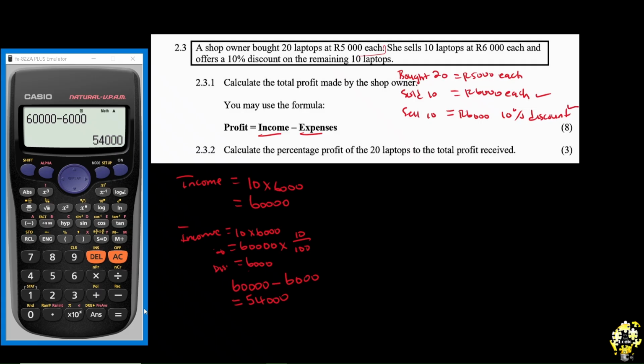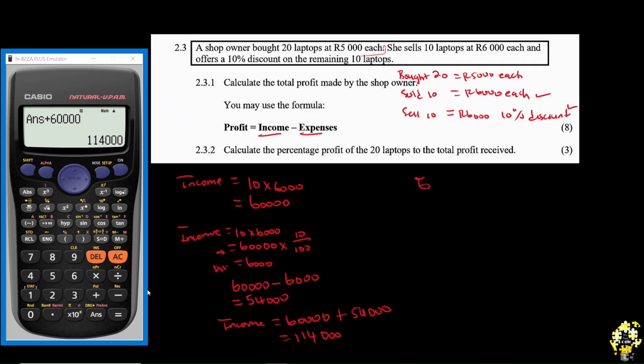So we can confidently say that our income is the 60,000 we received for selling them at full price plus the 54,000 we received for selling them at a discount. 54,000 plus 60,000, we get 114,000.